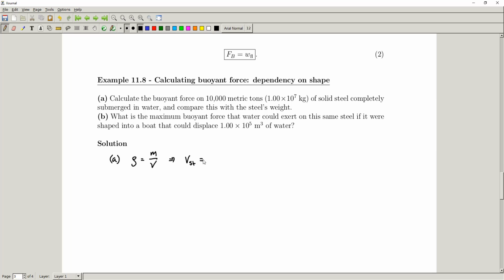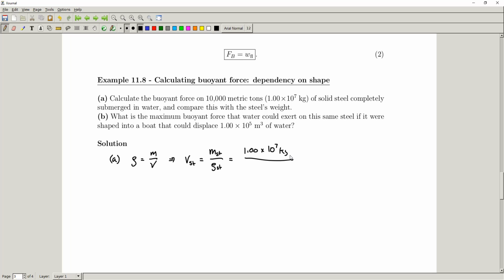So let's rearrange this to find the volume of steel. The volume of steel is equal to the mass of the steel over the density of the steel. We're told in the statement of the problem that the mass of the steel is 1 times 10^7 kilograms. We could look up the density of steel.